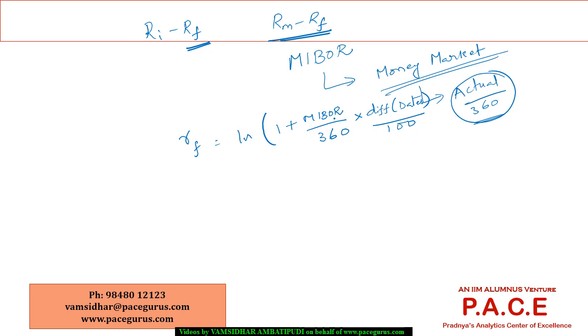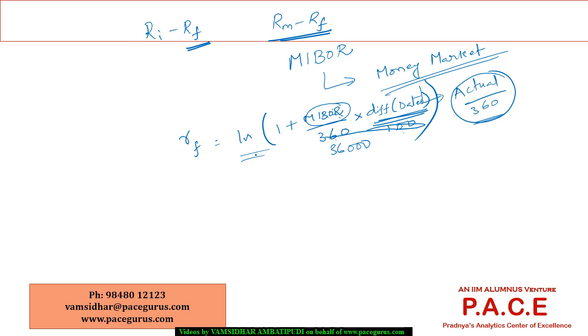Or basically it's MIBOR divided by 100, because MIBOR is typically in number terms, not in decimal terms. So this divided by 100 will convert it into percentage. So I could have very well said the denominator is 36,000. So MIBOR number divided by 36,000 into the difference between the dates, and I'll take the logarithm of that, and that is what will give me my RF, right?